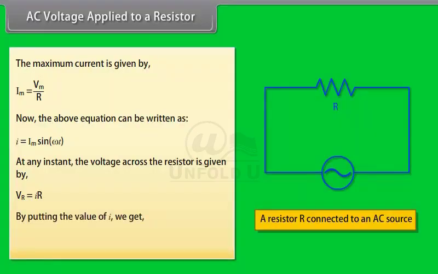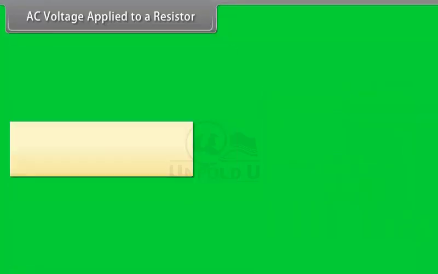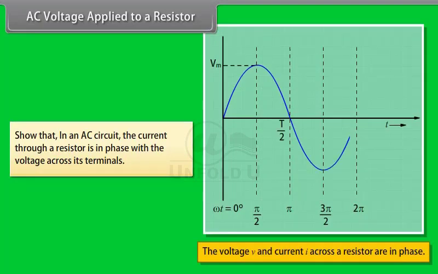By putting the value of I, we get VR = Vm sin ωt. The above equation shows that in an AC circuit, the current through a resistor is in phase with the voltage across its terminals. Root mean square value of current and voltage.